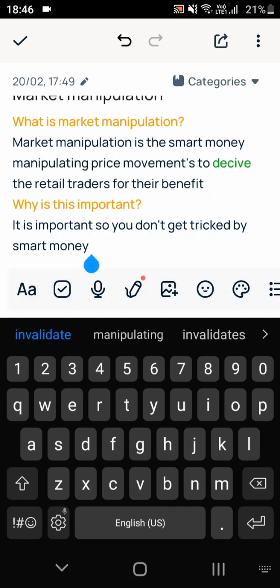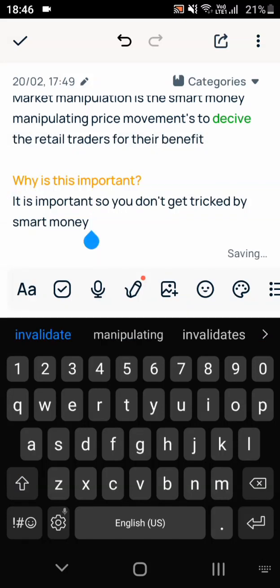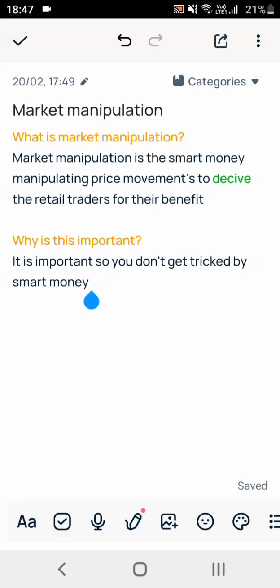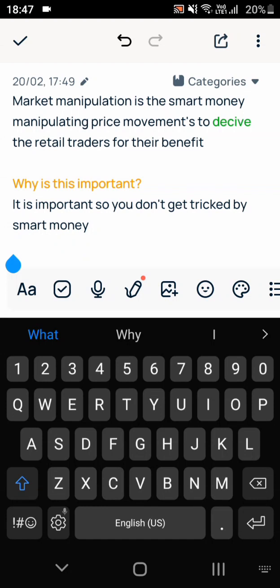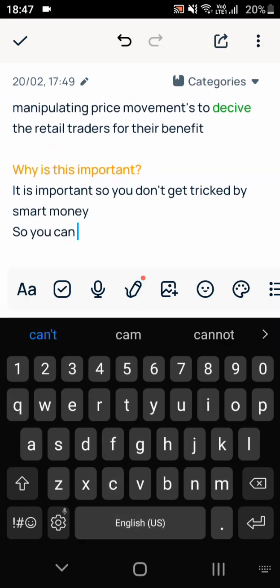Another reason that I would say it's important is so you can make money. If you understand the manipulation by smart money, if you know how they move, you will move with them and you will make money. So you can become profitable.